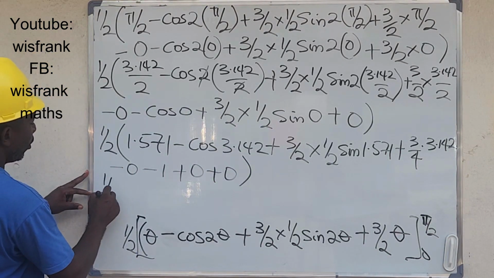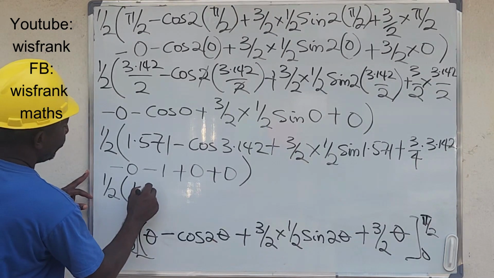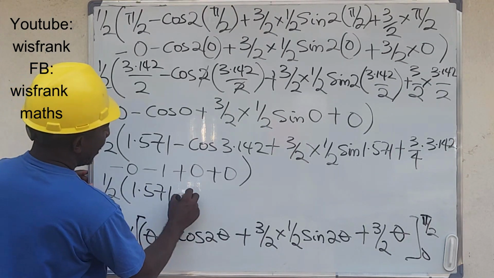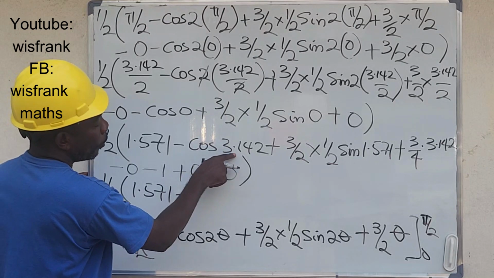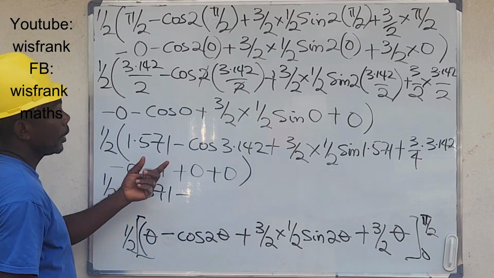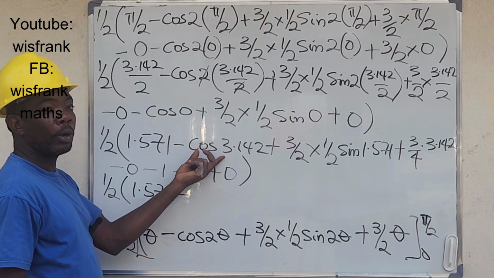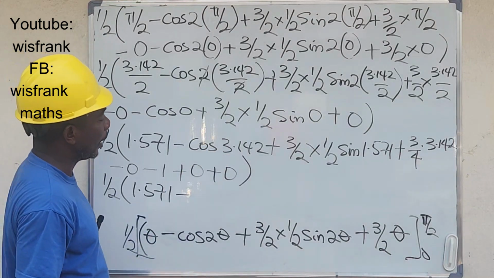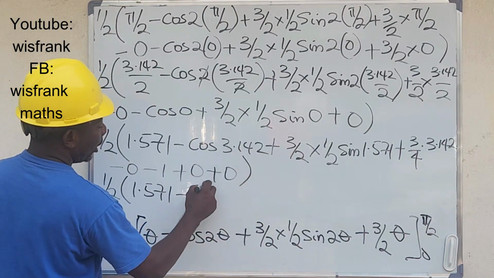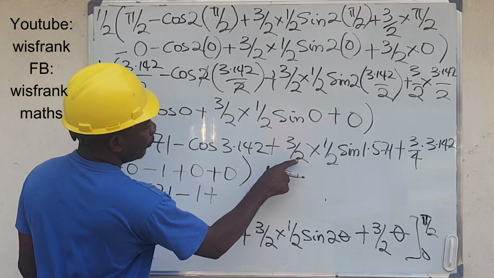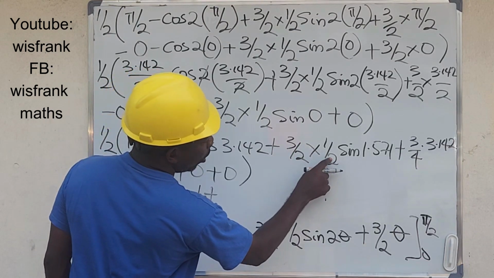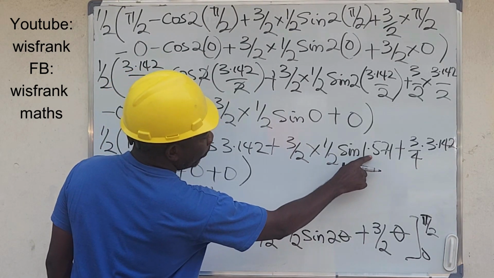So we have 1 all over 2 into 1.571 minus, we have cos 3.142 is equal to, when you punch our calculator, 0.999. So that will give us approximately 1 plus, so we have 3 all over 2 times 1 all over 2 times 1.571.